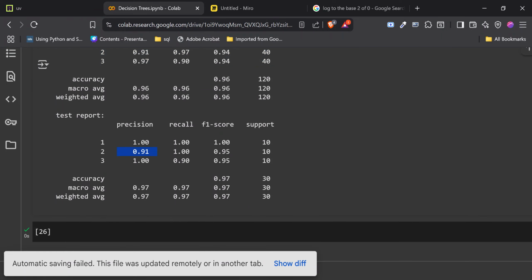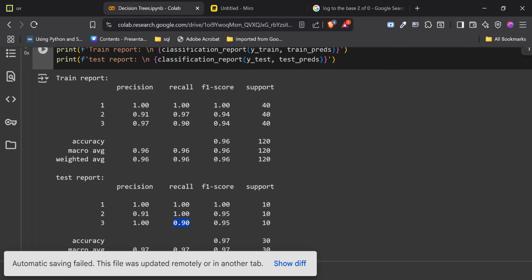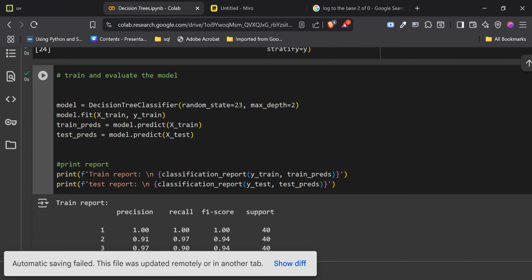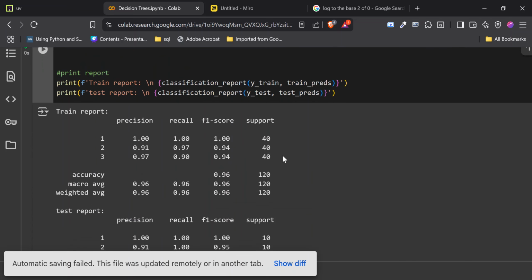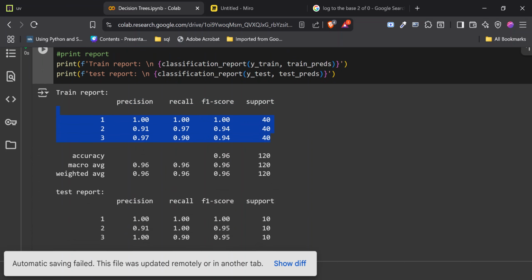The value that was 0.83 or thereabout has really improved, and this one that was 0.80 has really improved also. That is just by setting max depth equals 2, so we've stopped this from overfitting so much like it was doing earlier.